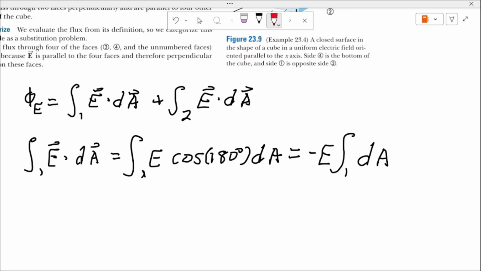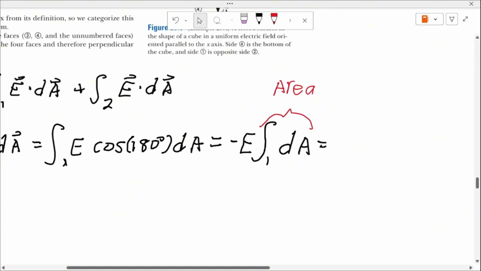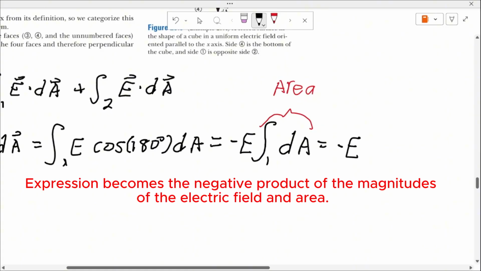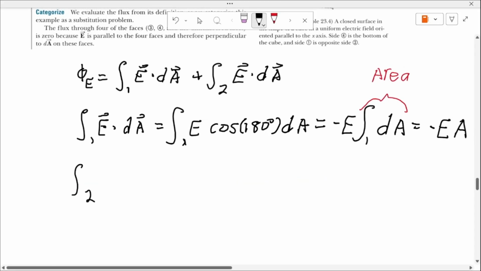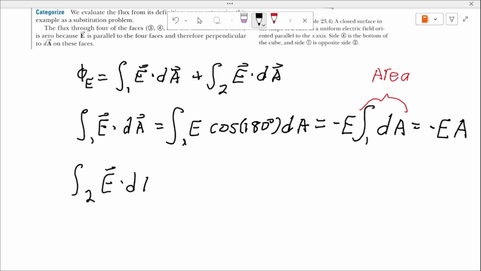And so to conceptually understand a surface integral, all of this is the area of our surface. And in this case, our surface is the first side of the cube. So our integral is equal to A, the area of the side. The second integral, which is over side 2, is going to be equal to the surface integral evaluated over side 2 of E cosine, what's our angle?